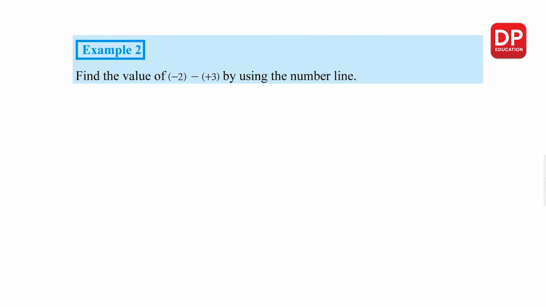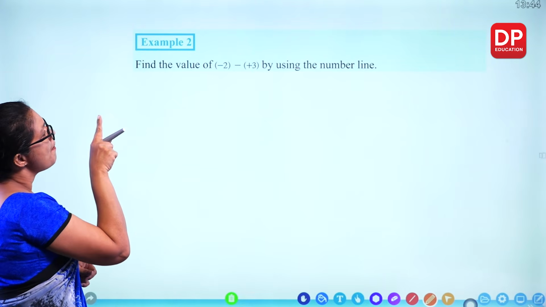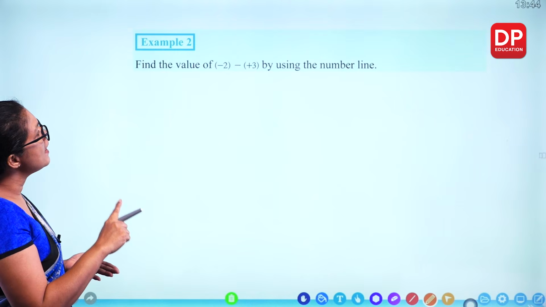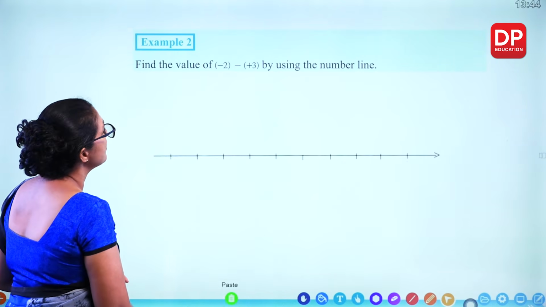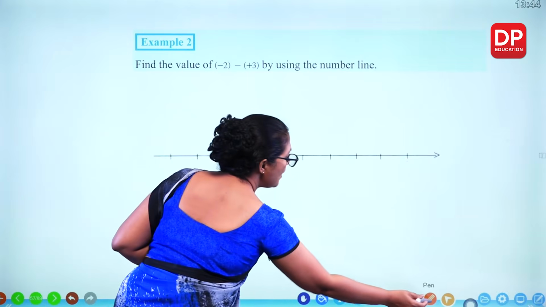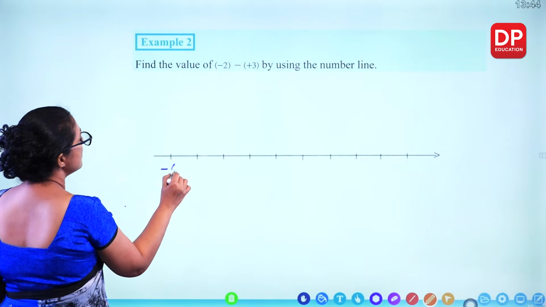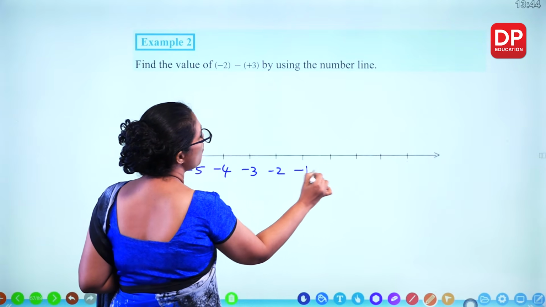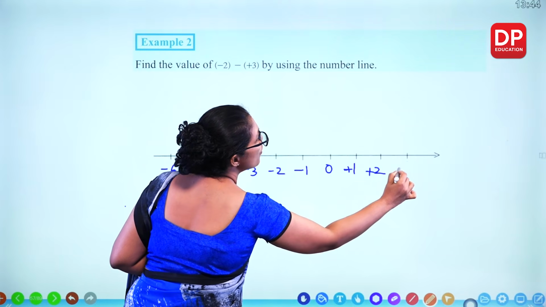Find the value of minus 2 minus plus 3 by using the number line. So before we mark the numbers, just see minus 2. That means starting value is minus 2, moves to the left 3 units. So when you are marking the number line, I'll take minus 6, minus 5, minus 4, minus 3, minus 2, minus 1, 0, 1, 2, 3.